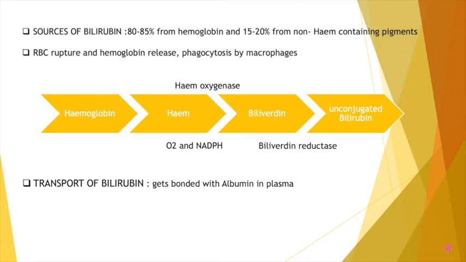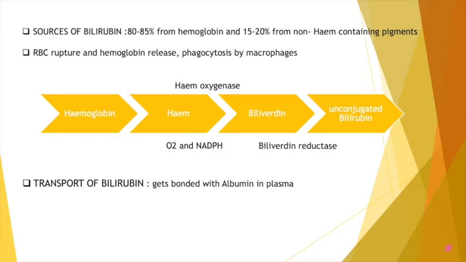So what is taking place in the plasma? In the plasma, the bilirubin will combine with albumin. Bilirubin is such a thing that it does not prefer to stand alone. It always wants to combine with someone.